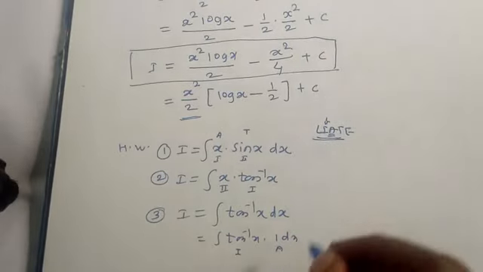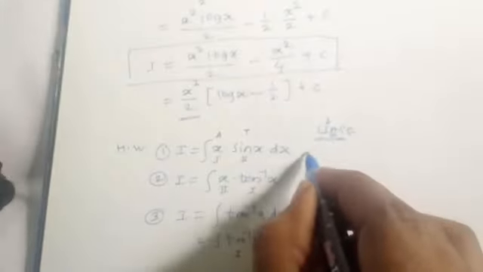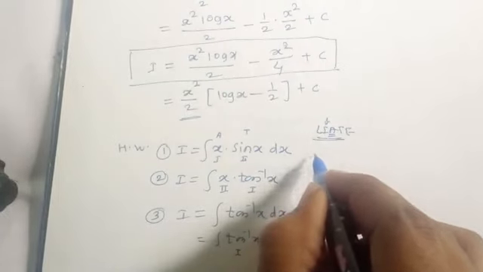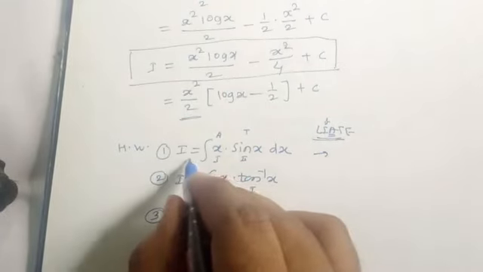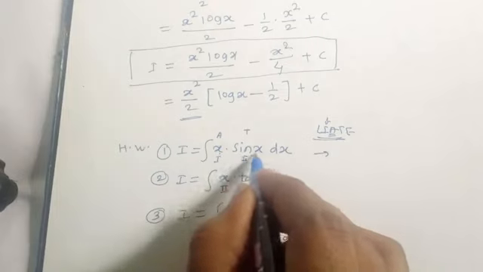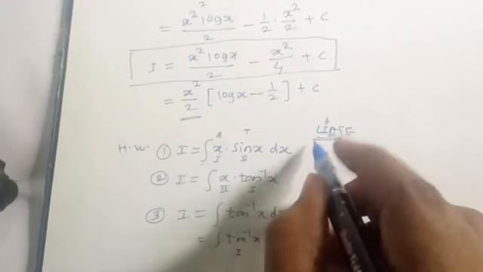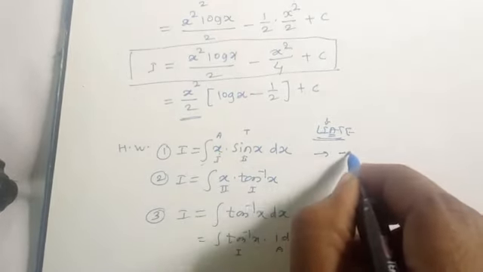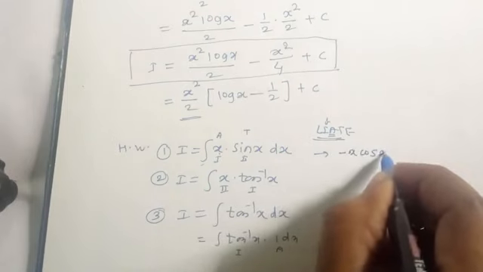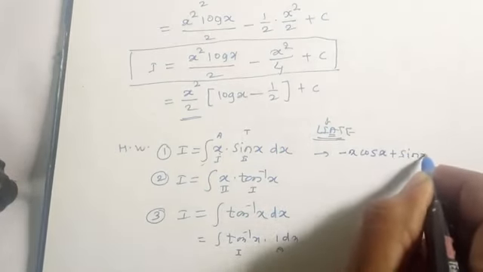Okay, and also the answers for all the examples. The answer of the first example, the integration of x into sin x, is minus x cos x plus sin x plus c.